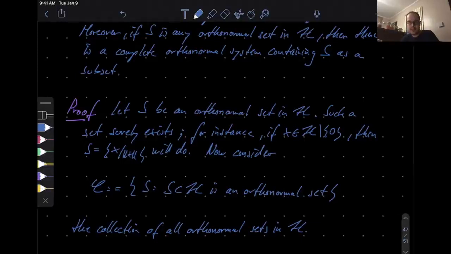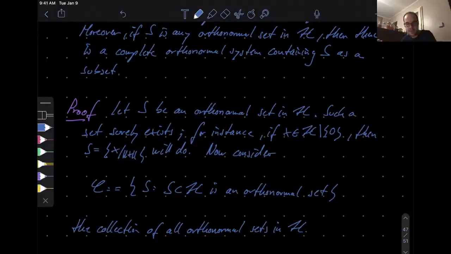You can do a similar order construction here on that set curly C, which is the set inclusion. And now, once you have that order, there is Zorn's lemma, which guarantees existence of a certain maximally ordered set, and then what you check at the end is that that's your orthonormal basis. So that's kind of how it works.